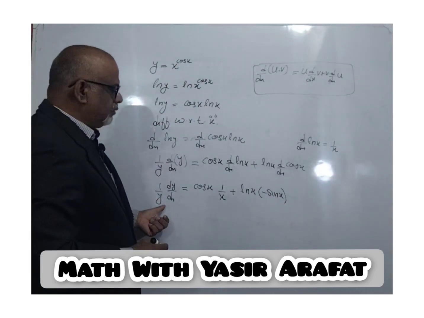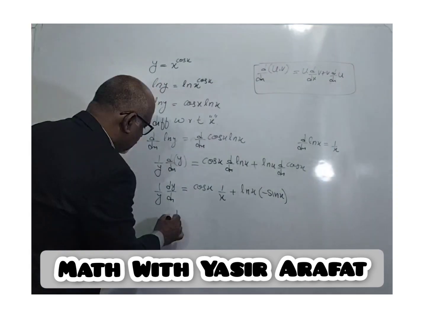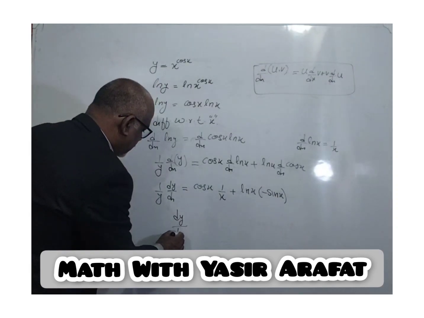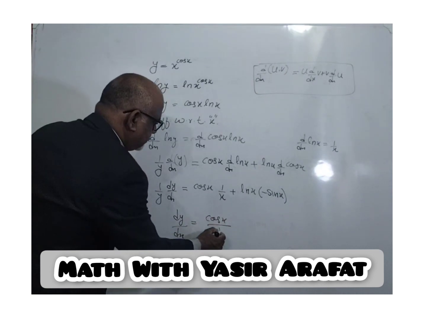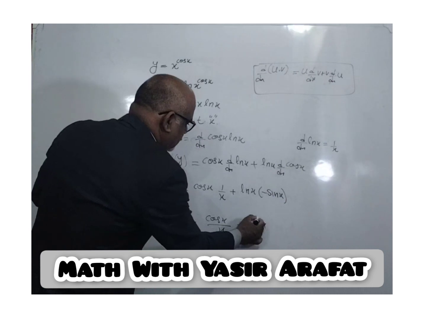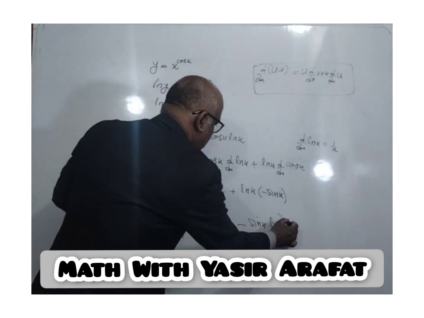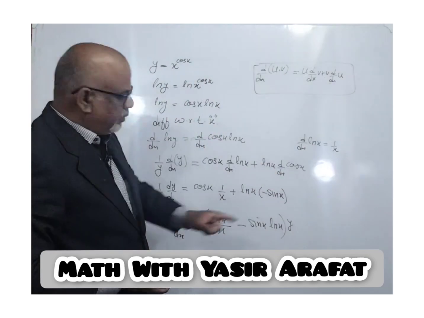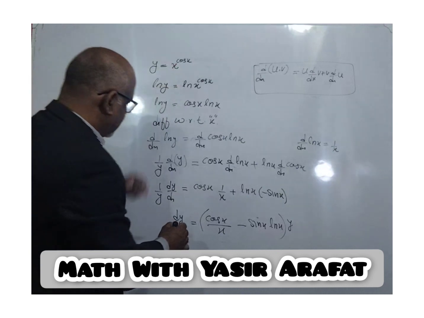So this y we have to shift there because we have to find out the dy upon dx here. So this is dy over dx, plus minus minus sin x into ln x, into y. So we have to put the value of y, that is equal to x cos x.